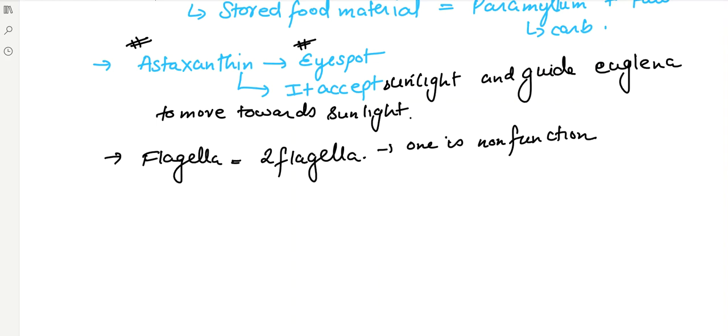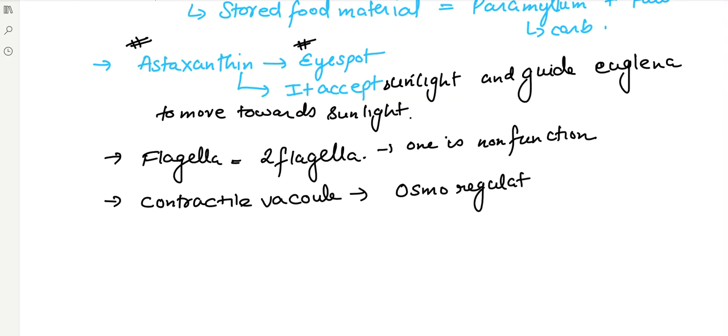Okay, if we are talking about the next thing, we'll see there is something called contractile vacuole. Now this contractile vacuole helps the particular Euglena to regulate osmotic pressure.